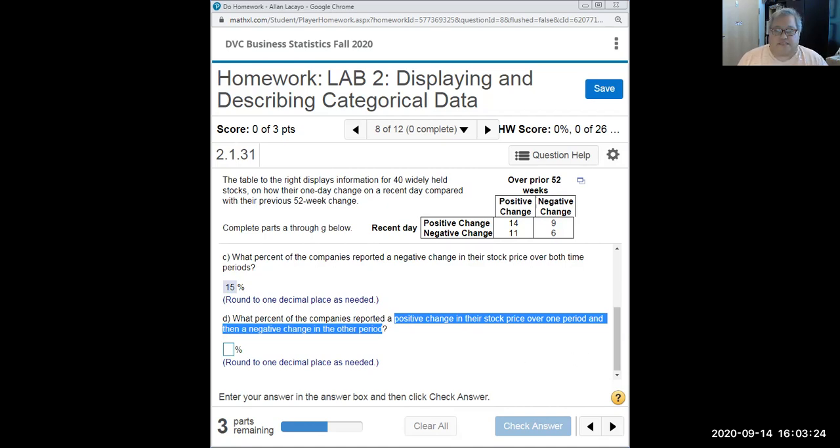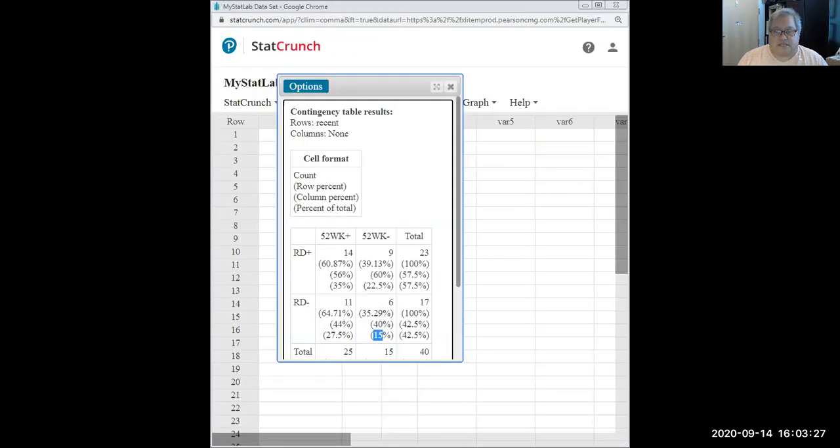And so in this case, in part D, I'm going to need to look at these 11 stocks, which are 27.5% of all the stocks, and these 9, which are also negative annual but positive by recent day. So this is another 22.5%.